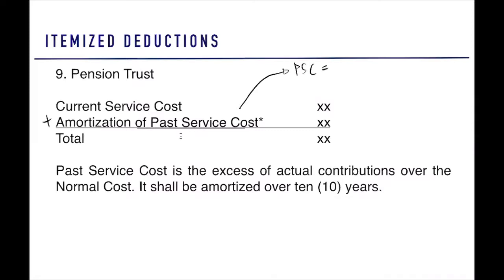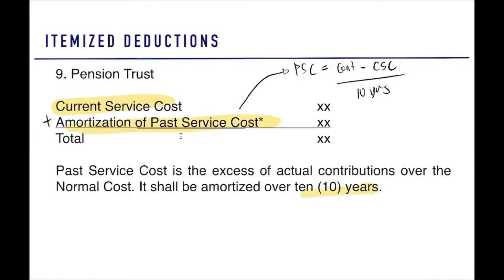Past service costs actually is equal to your contributions for the fund less the current service costs, and you spread that out for 10 years. Okay, so it is equal to the total of current service costs and amortization of past service costs.